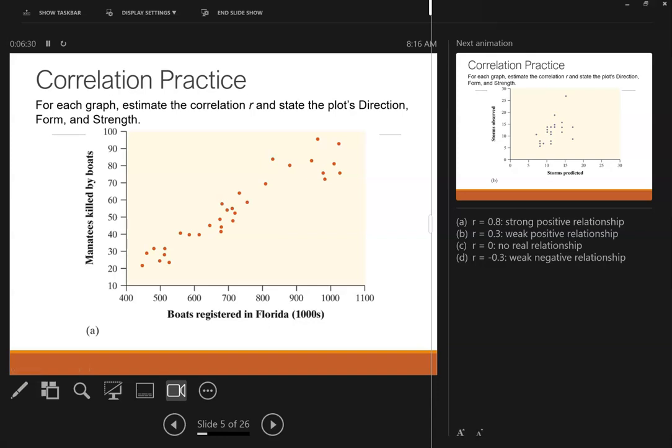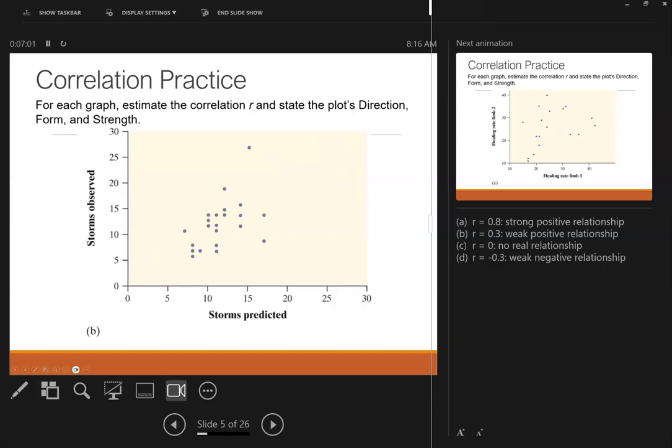You're just using the intuition that we built up in the previous one. 0.75 seems pretty reasonable. The actual number I had written down was 0.8, so that's a pretty good guess. The direction here is positive. The form is linear, and the strength is strong. Everybody agree?